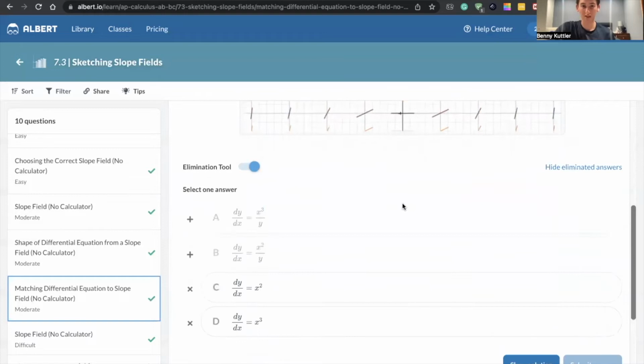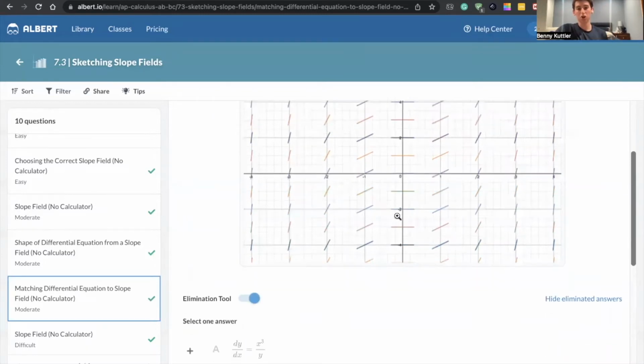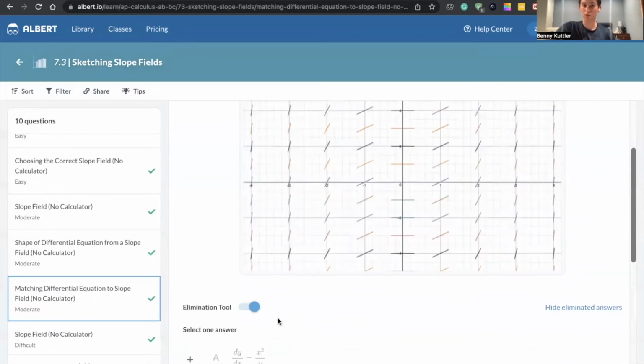So now that we have this, we can look at the patterns of the graph for the slope field. So on the left, when it's negative and positive, we notice that it's the same. The slope is the same. It's not flipped or anything. So if we look at our two answer choices, we have the derivative is x squared and is x cubed.